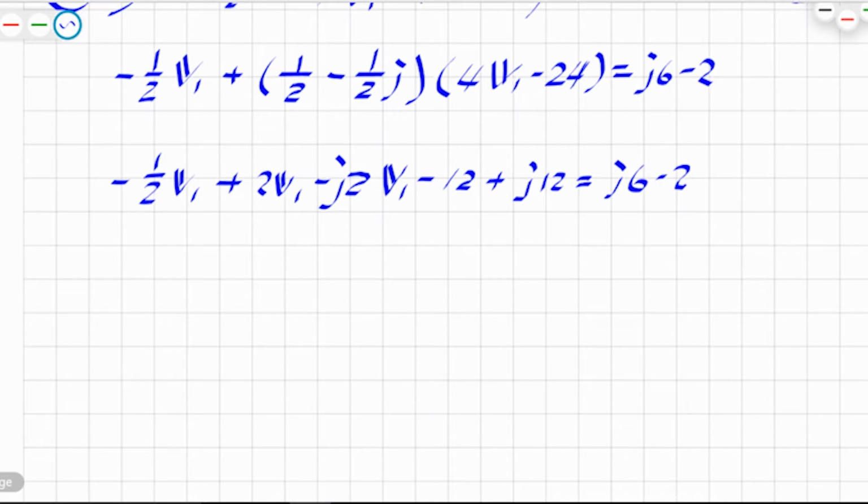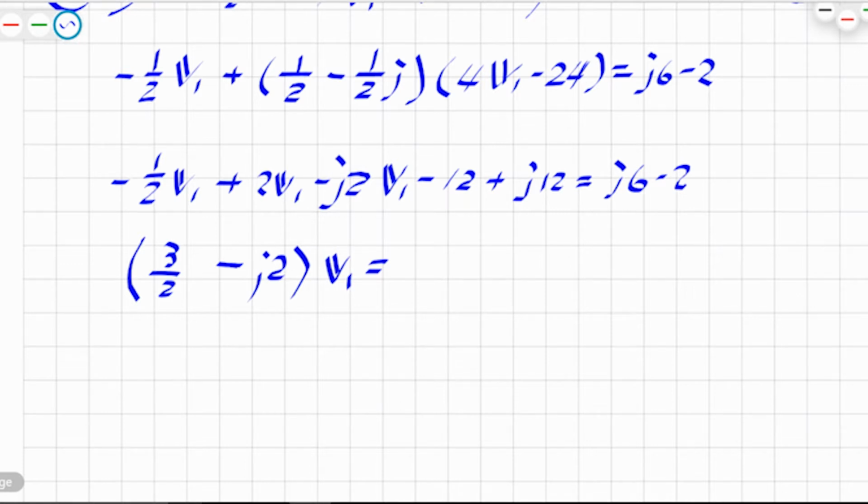So we have all these V1s. We gather them up. We have 3/2 V1 minus J2 V1 that is equal to, I'm going to bring everything that is known to the other side.